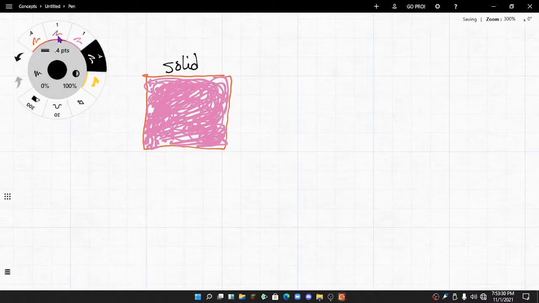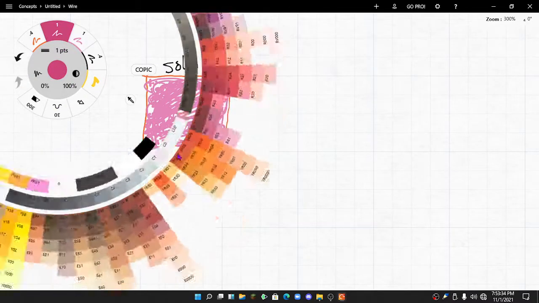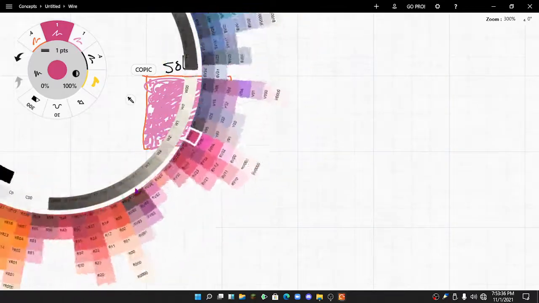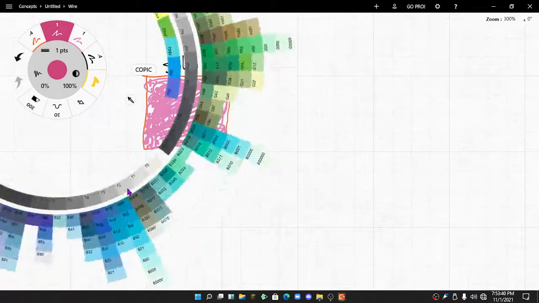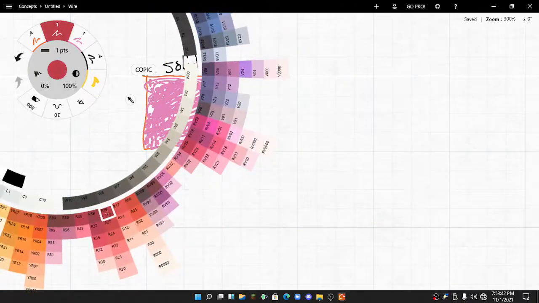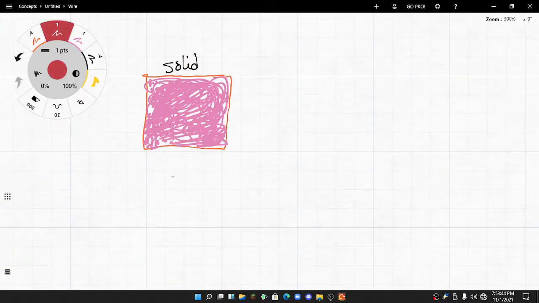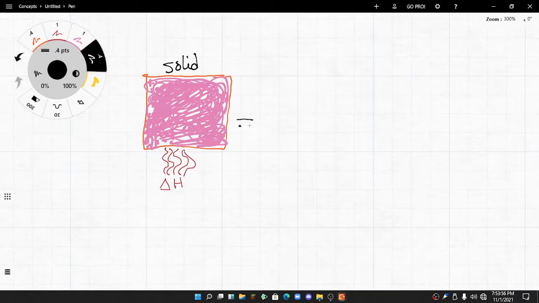Now let us apply some heat in this solid state. I think red is the color for heat giving, I guess. I can't find the red. So we give heat, delta H. So what will be the next thing that occurs after giving heat?